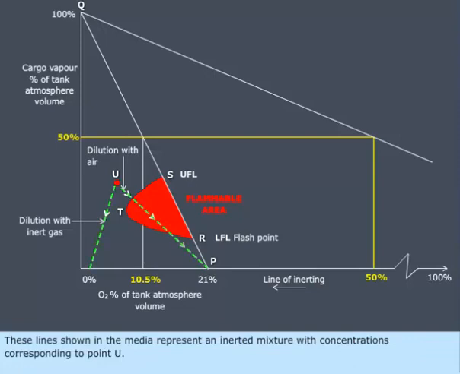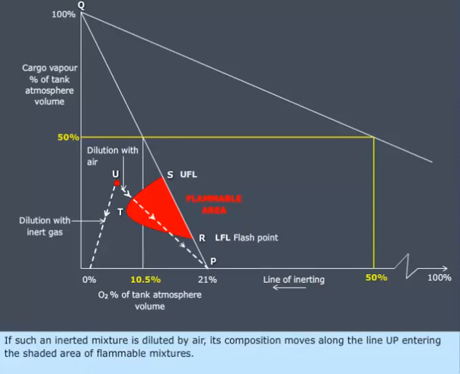These lines, shown in the media, represent an inerted mixture with concentrations corresponding to point U. If such an inerted mixture is diluted by air, its composition moves along the line UP, entering the shaded area of flammable mixtures.